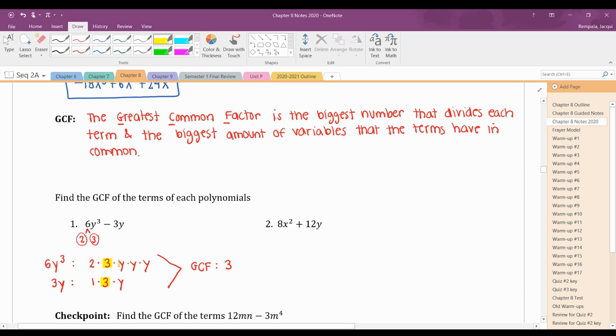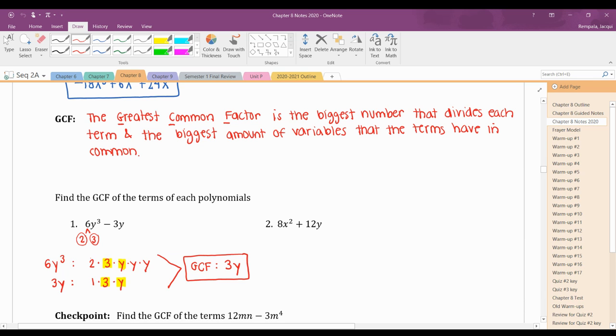I see that there's a y on the top and there's a y on the bottom. I see that there's another y on the top, but I've run out of variables. Since there are no more variables, I cannot keep highlighting. So because there's one y on top and one y on the bottom, they have one y in common. So that is also a part of the GCF. So between 6y to the third and this negative 3y, they have a 3y in common. That's my GCF.